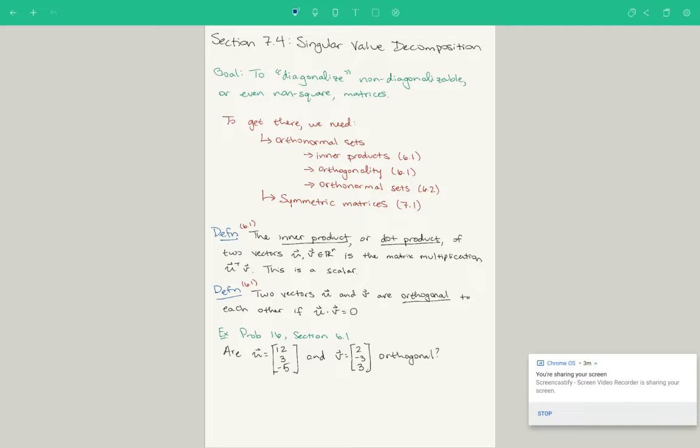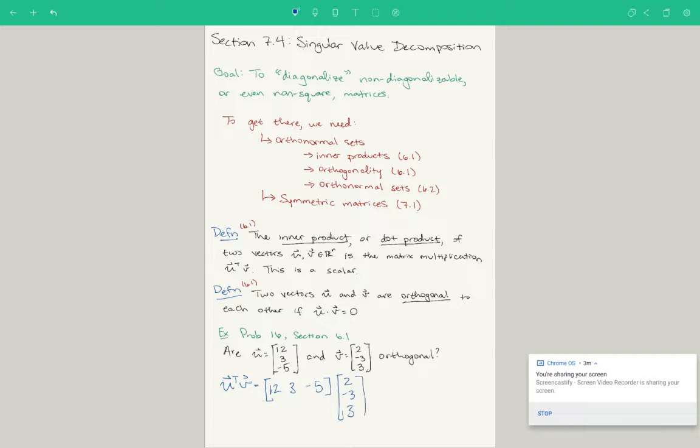All right, so we're looking at problem 16 from section 6.1. And our question is, are these two vectors orthogonal? So what we're going to do is just take the dot product of them and see if it's 0. If it is, they're orthogonal. If not, they're not. So to take the dot product, we look at U transpose times V, which in this case, U transpose will give us a row vector, 12, 3, minus 5 times V, which is 2, minus 3, 3.